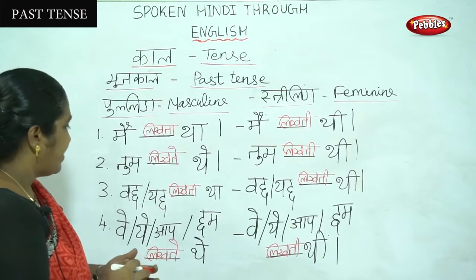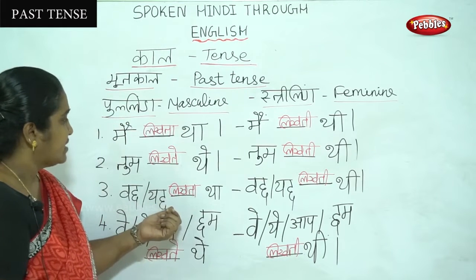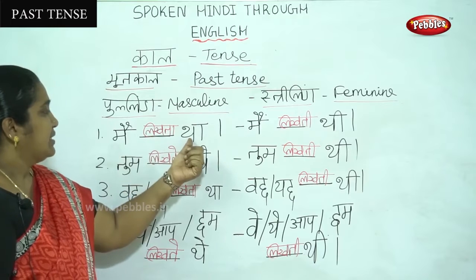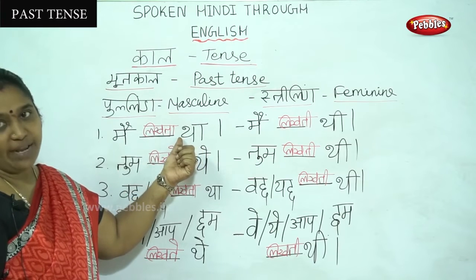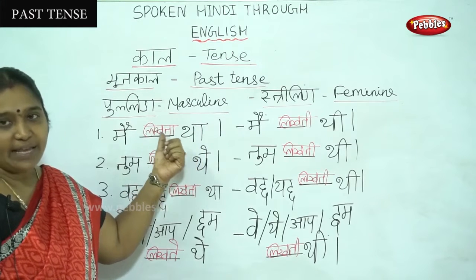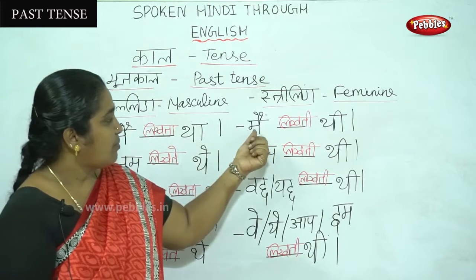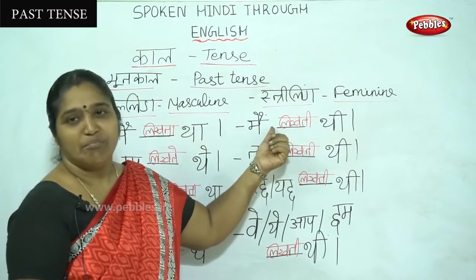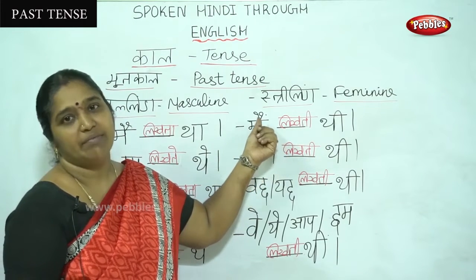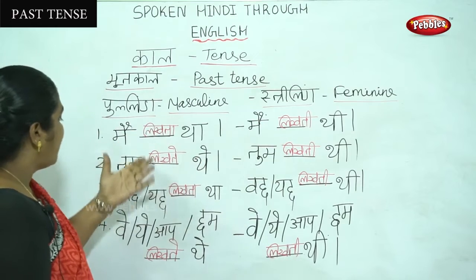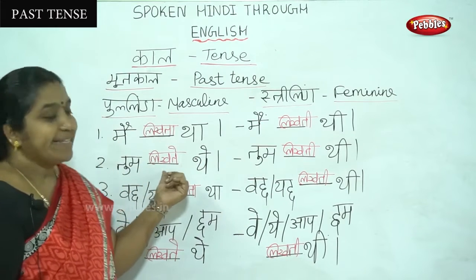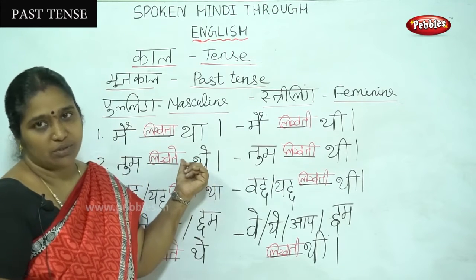Without the object we are writing the sentences like this. Main likhta tha, for masculine, means I wrote. Here also main likhti thi means I wrote. This is for feminine. Then for masculine, tum likhte the. You wrote.